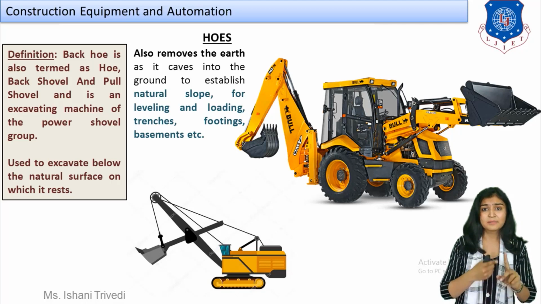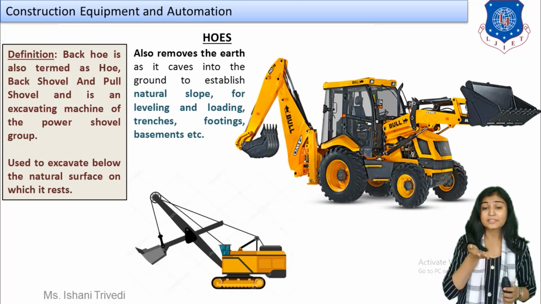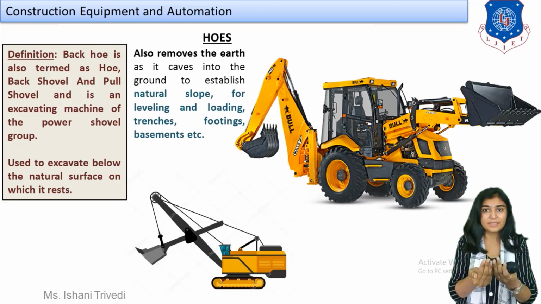Now the major difference over here is the shape and action of the bucket. In the power shovel the bucket makes outward strokes, meaning the teeth of the bucket dig in the forward direction, that is away from your operating cabin.